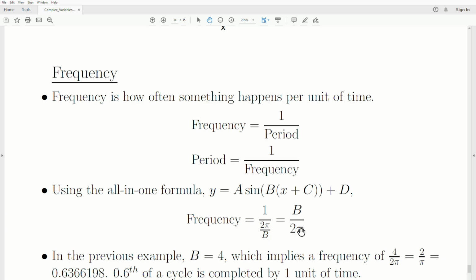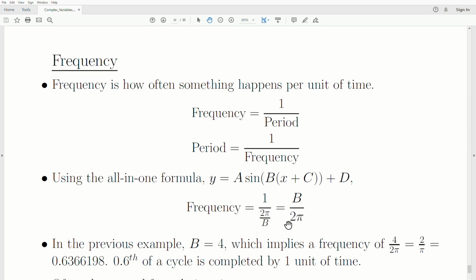That's how quickly something happens in 1 unit of time. So in the previous example, we said b was 4, right? Which implies the frequency is 4 over 2 pi, which is 2 divided by pi, which is 0.63 something. So that means 0.6 of the cycle is completed by 1 unit of time.